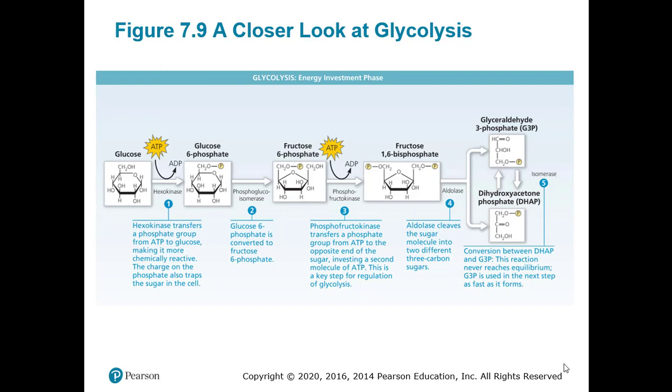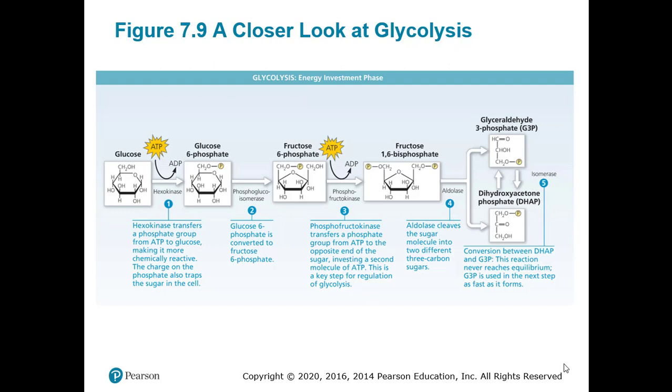And at the end of the energy investment phase, you're going to have 2 G3Ps, glyceraldehyde 3-phosphates, and you're going to have some of this DHAP. So they can float back and forth between the 2 of them, but it never really equals equilibrium, because as soon as G3P is formed, it goes to the next phase.